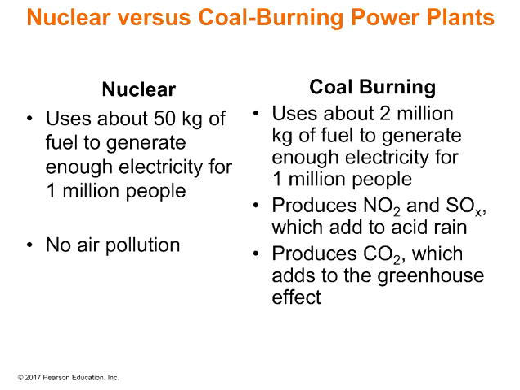So some advantages of nuclear energy. We use about 50 kilograms of fuel to generate enough electricity for 1 million people using nuclear energy. And nuclear energy doesn't cause air pollution, whereas coal uses about 2 million kilograms of fuel to generate enough electricity for 1 million people. So that's a huge difference here.